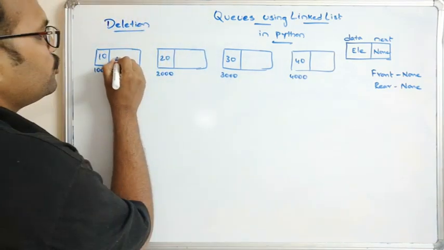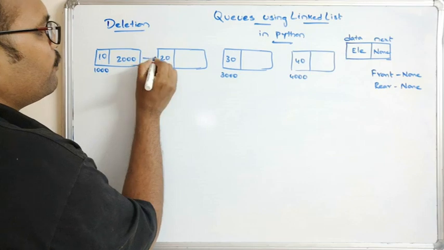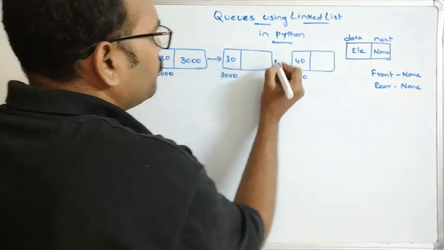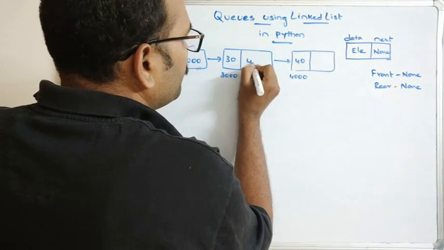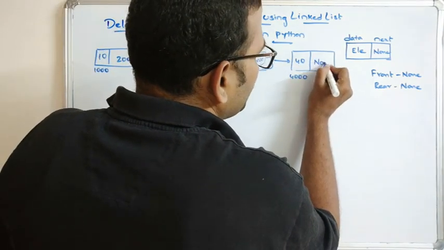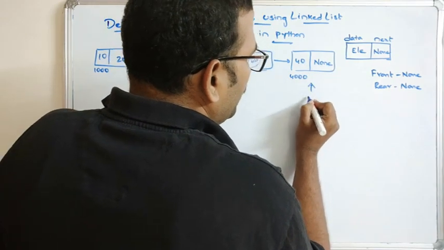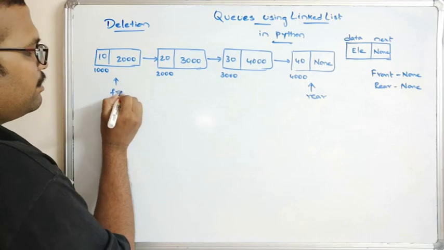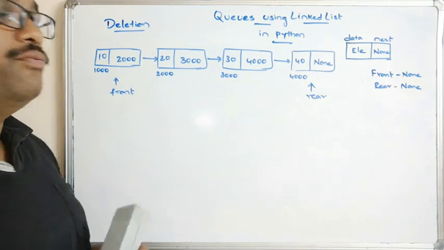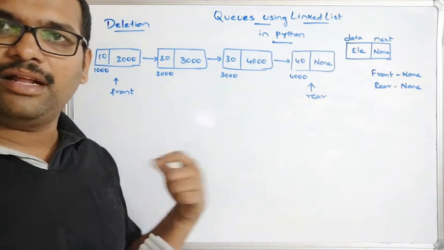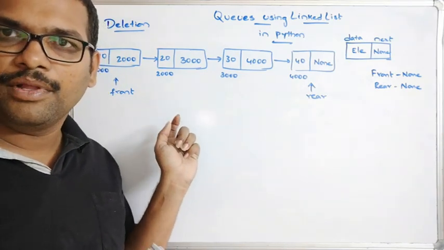The address is 2000, so there will be a link from 10 to 20. Here it is 3000, so there will be a link from 20 to 30, and here it is 4000, there is a link between 30 and 40, and this is the last one, so none. This will be pointing as rear and this will be pointing as front. Now what we have to do? We need to apply the delete operation. So here the deletion will be done from the front end, right?